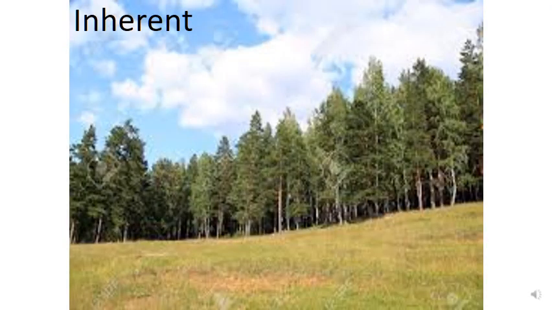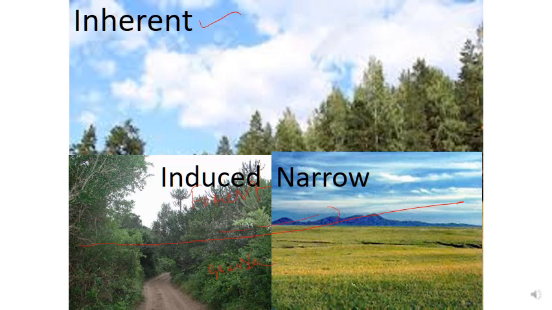Edge forest may be of different types. Suppose inherent, where we find a clear sharp line between two forest types. Suppose this is the grassland and this is the forest, and this is a clear line. But it may be human induced, where the edge is created by either natural disturbance or human induced disturbance.